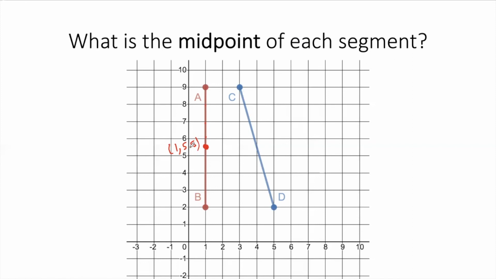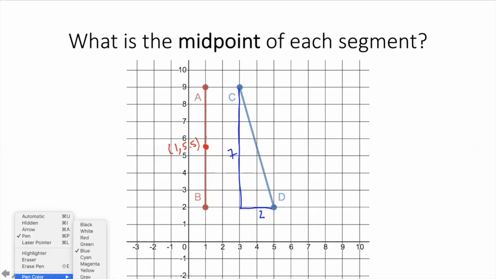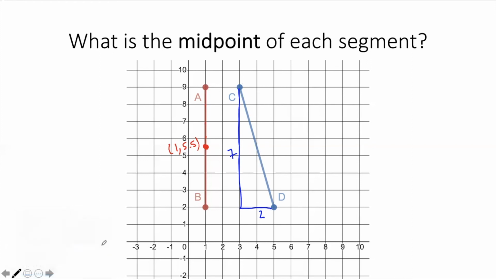Now take a moment and find the midpoint of segment CD. So for segment CD, this is where it may help to draw in the rise and the run, which again is just this right triangle, which has legs that are lengths 7 and 2. And so to find the midpoint, we're going to take half of the rise and half of the run.